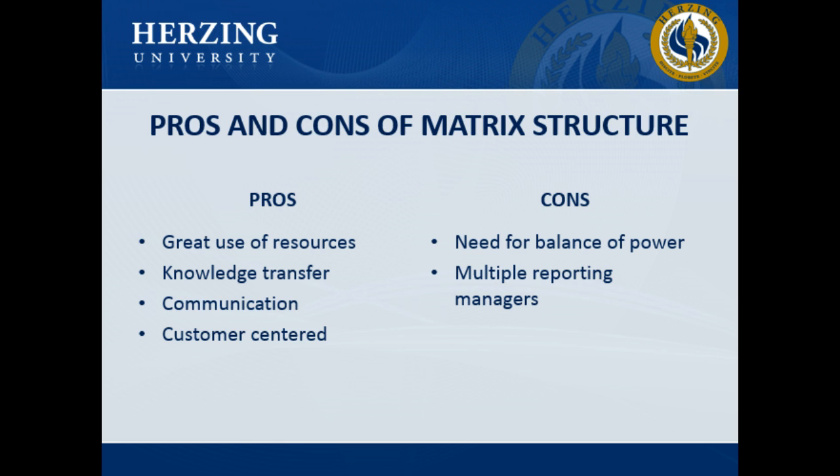This structure actually capitalizes off of the advantages or pros presented by the functional and autonomous project structures. If you recall from the previous slides, I discussed how the project manager and the functional manager both have a role in the matrix structure.